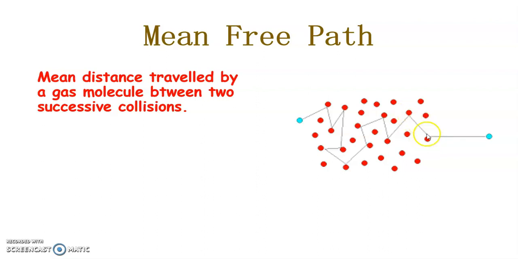It is how much it travels between two successive collisions. For a molecule in a system of gases, we can calculate the mean free path by the expression lambda, the mean free path, equal to the average velocity of the molecule divided by the number of collisions suffered by it in the system.